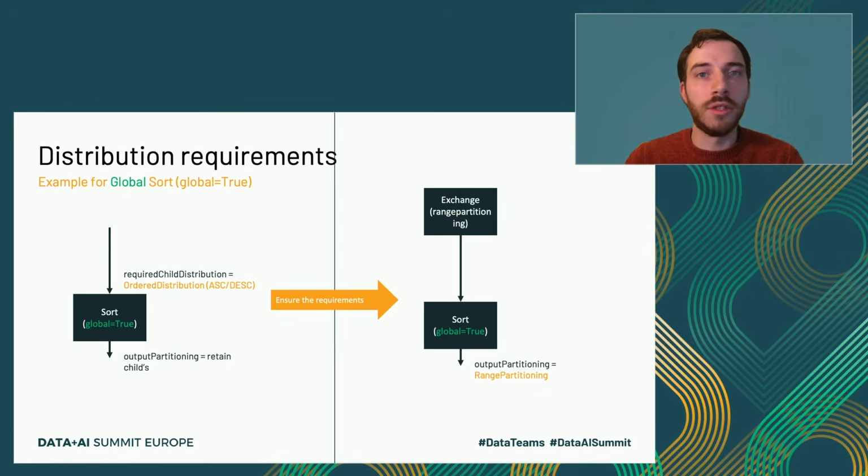And if the ensure requirements is applied in this case, it will inject an exchange operator with range partitioning before the sort. Then the sort will guarantee the range partitioning as output, so that if you have multiple sorts in a row, it might not have to shuffle the data again, but can already know that the data is distributed in a certain way to meet the requirements.